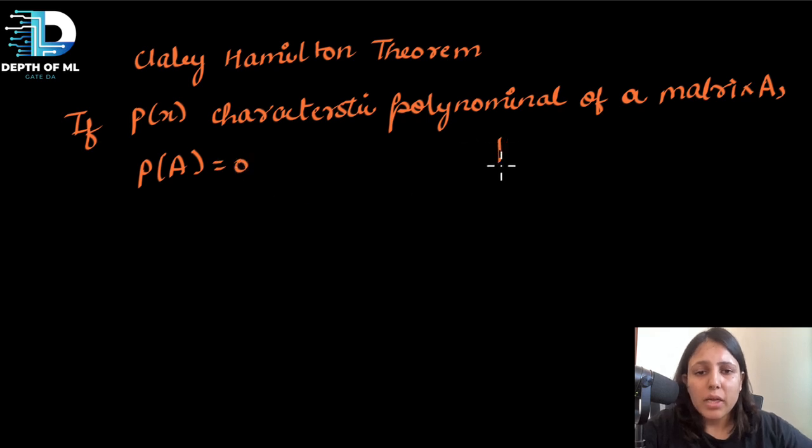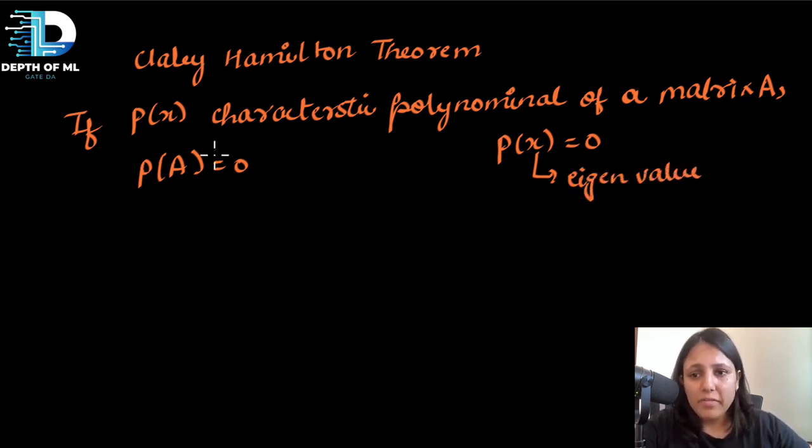We know the eigenvalues satisfy the characteristic polynomial equation. So if, instead of the variable, we put the matrix itself and get the same form, then we'll get the zero matrix.